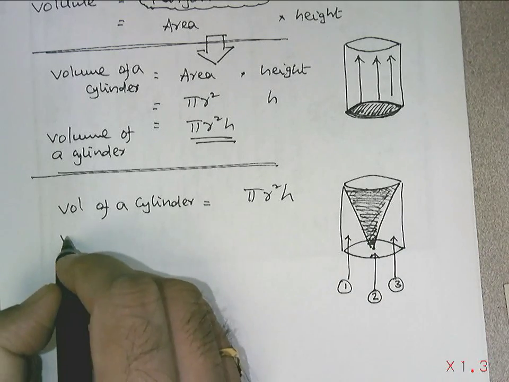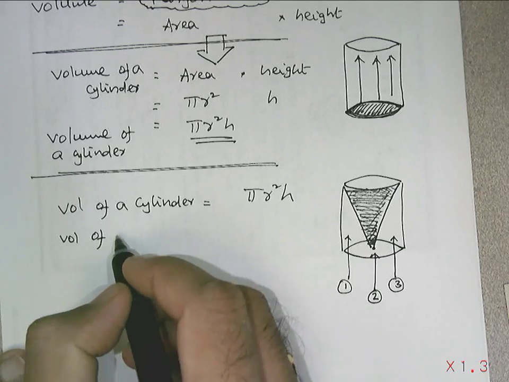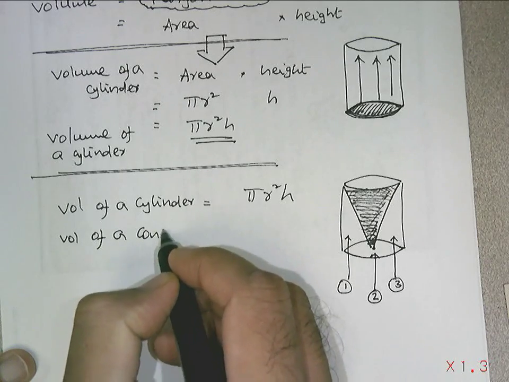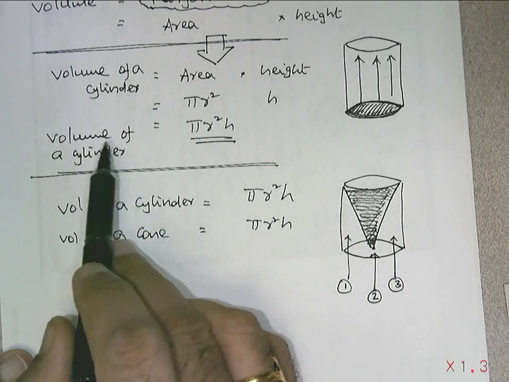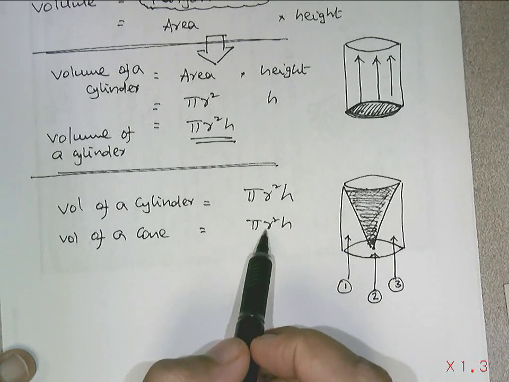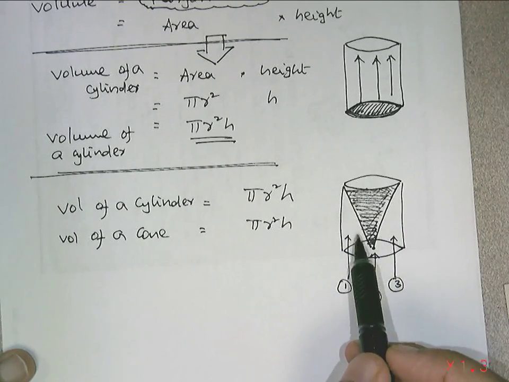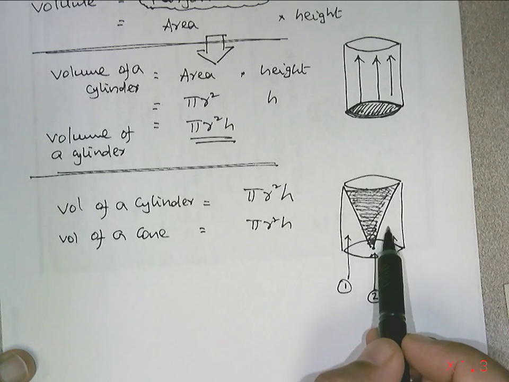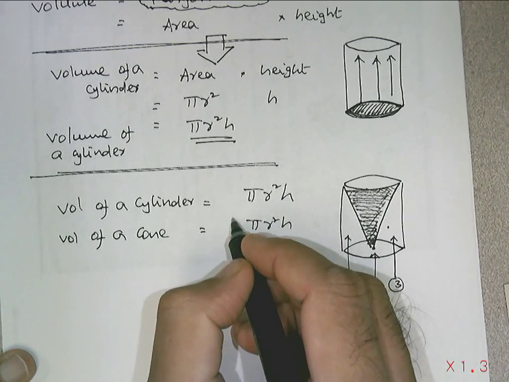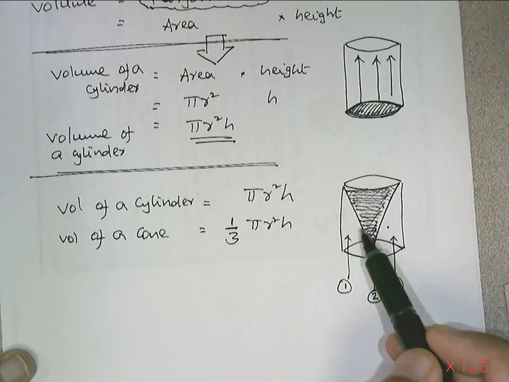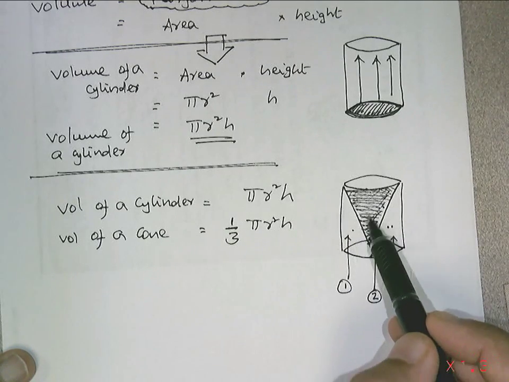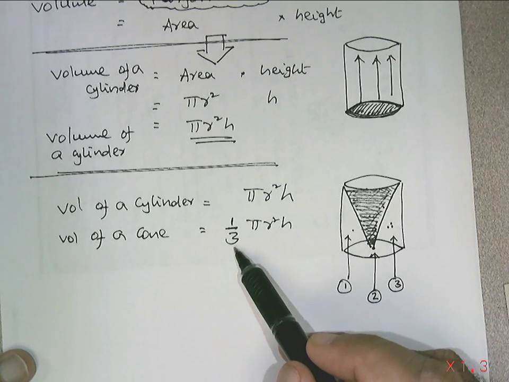So when we take the volume of a cone, we adopt the same formula of a cylinder, that is pi r square h, and we are making it into three parts, so the volume of a cone will be 1/3. You see that 1, 2, 3. Out of three parts, I am taking 1.